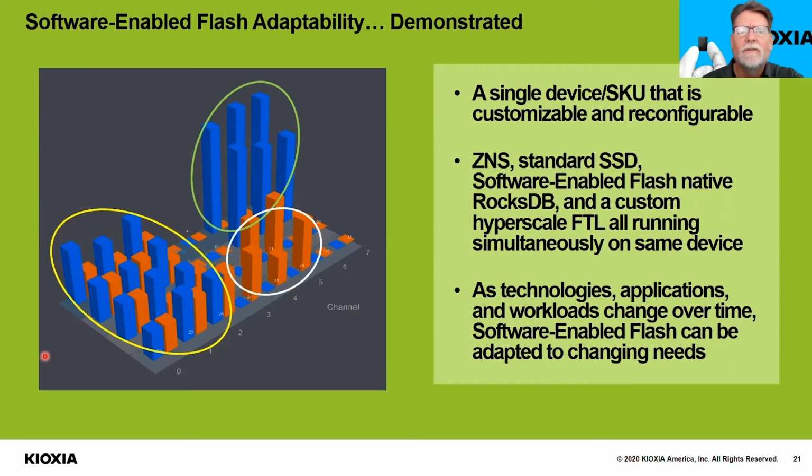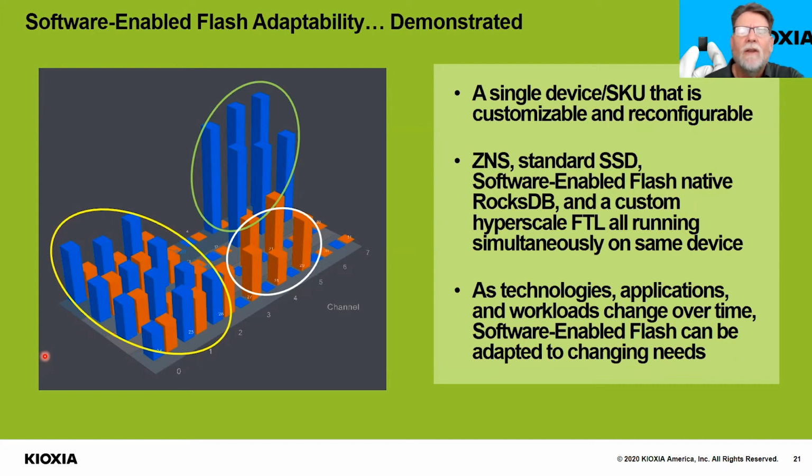It's important to note that we don't think this is a very realistic use case. We don't see people trying to run multiple storage protocols simultaneously on the same device. The purpose of showing this flexibility, though, is to illustrate a capability that is important to hyperscale customers.